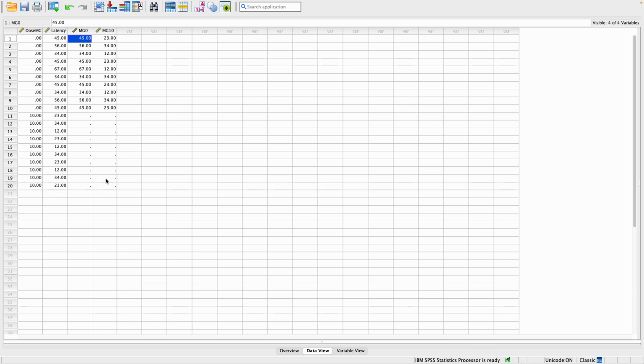First, let me show you how I set up information for a different experimental design. And in this experimental design, we have participants receiving both the 0 milligram dose and the 10 milligram dose.